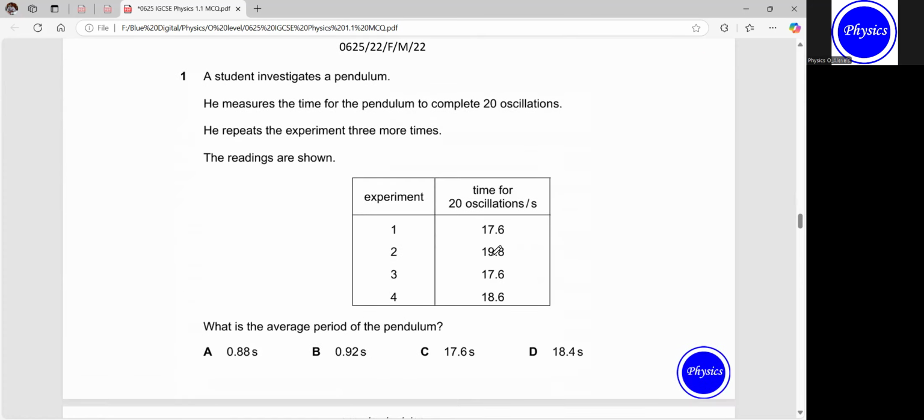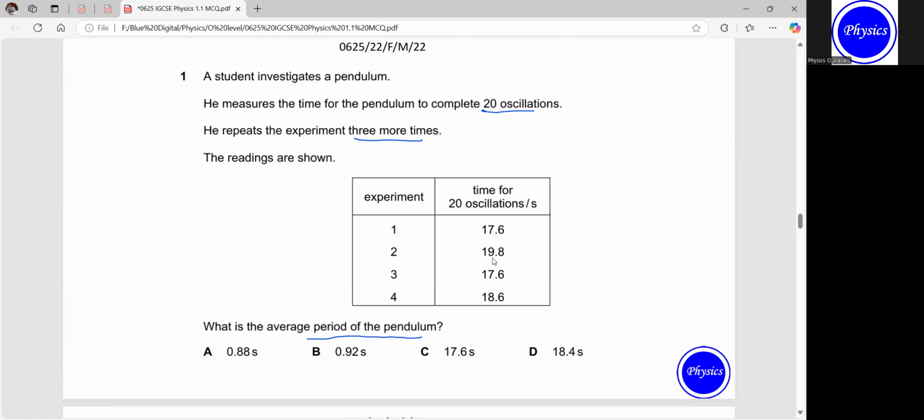Okay, a student investigates a pendulum. He measures the time for the pendulum to complete 20 oscillations. He repeats the experiment 3 more times, so totally he is doing it 4 times. The readings are shown here. What is the average period of the pendulum?